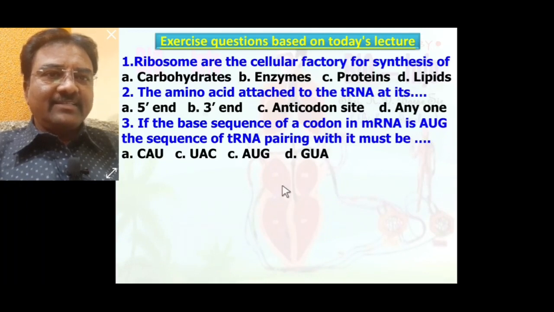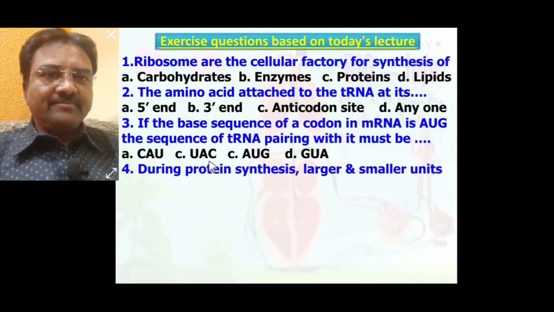The correct answer is UAC, since A is complementary to U, U to A, and G to C. So the correct answer is B, UAC, pairing with AUG.